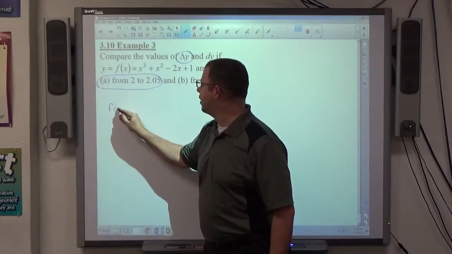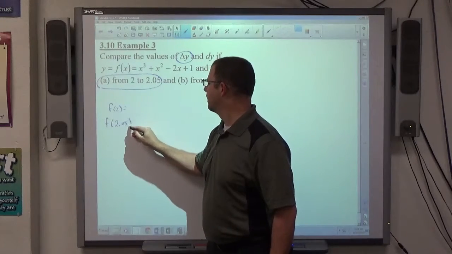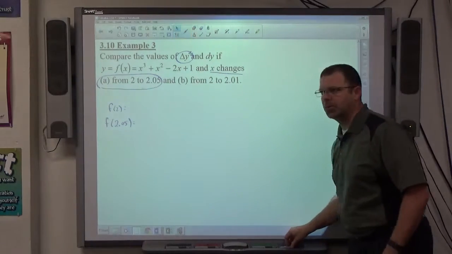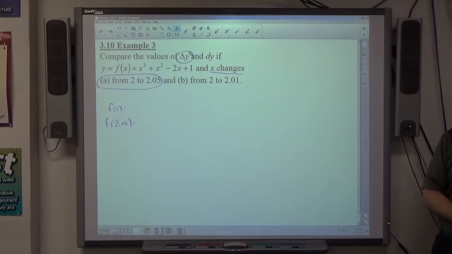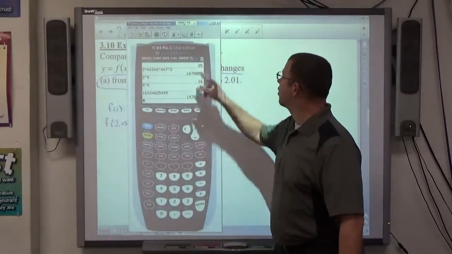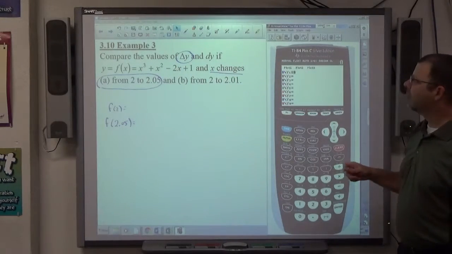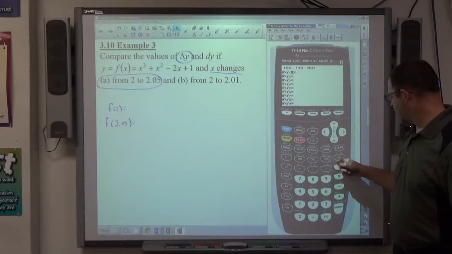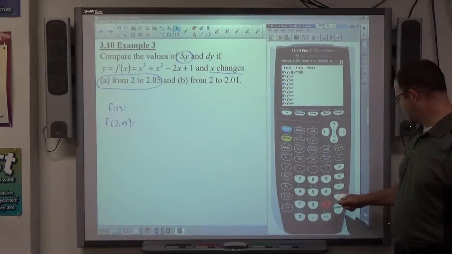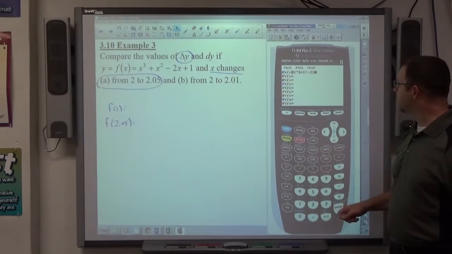So if I do f of 2 equals something and f of 2.05 equals something, how can I determine f of 2 and f of 2.05? Substitute them into the equation. I don't want to do 2.05 to the third power and so on, so I'm going to just type my equation in here: x caret 3 plus x squared minus 2x plus 1.